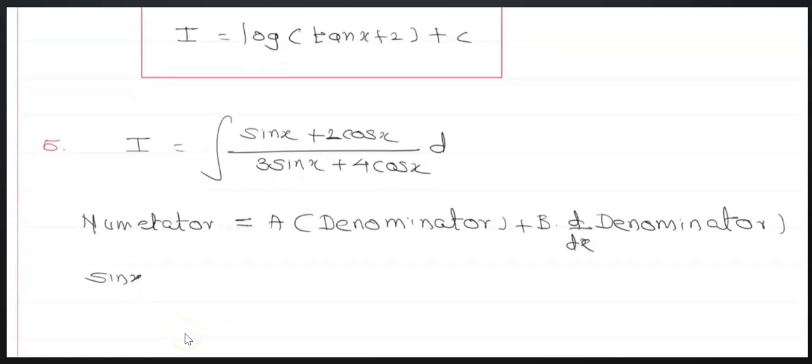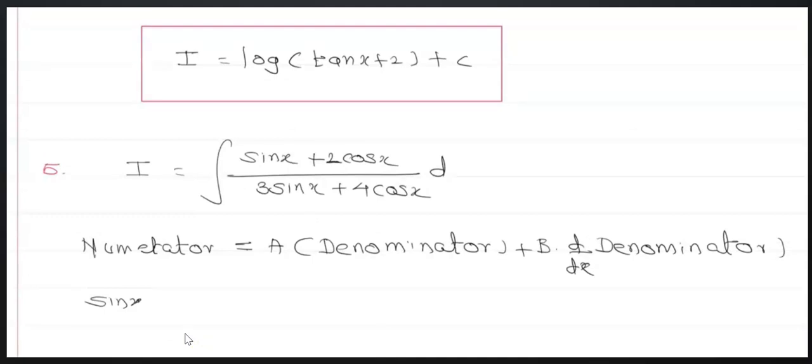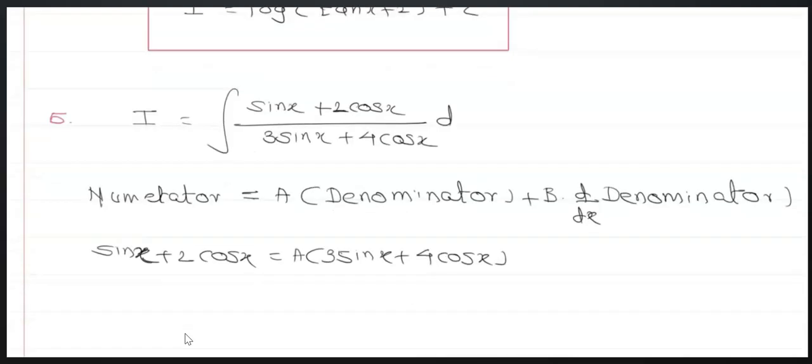Sin x plus 2 cos x is equal to a into denominator, which is 3 sin x plus 4 cos x, plus b times the derivative of the denominator, that is 3 cos x minus 4 sin x.